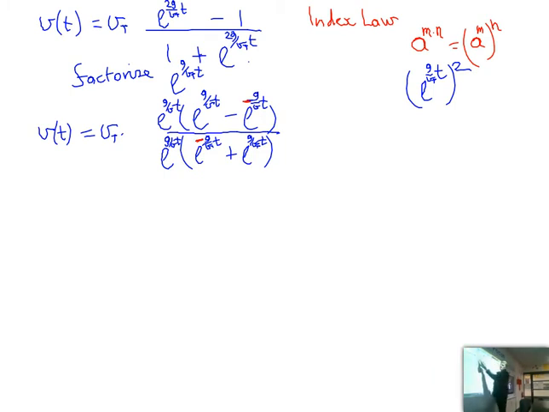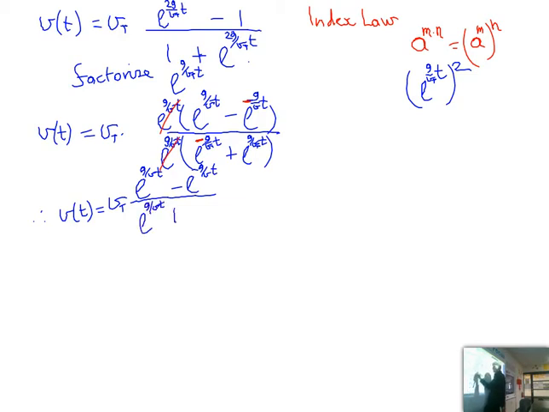And what do you notice? Those two factors of the same exponential in the numerator and denominator that we factorized, they cancel each other out as a common factor. So terminal velocity times e to the g on v times time minus e to the negative g on v times time, and then in the denominator we've got e to the g on v times time plus e to the minus g on v times time.